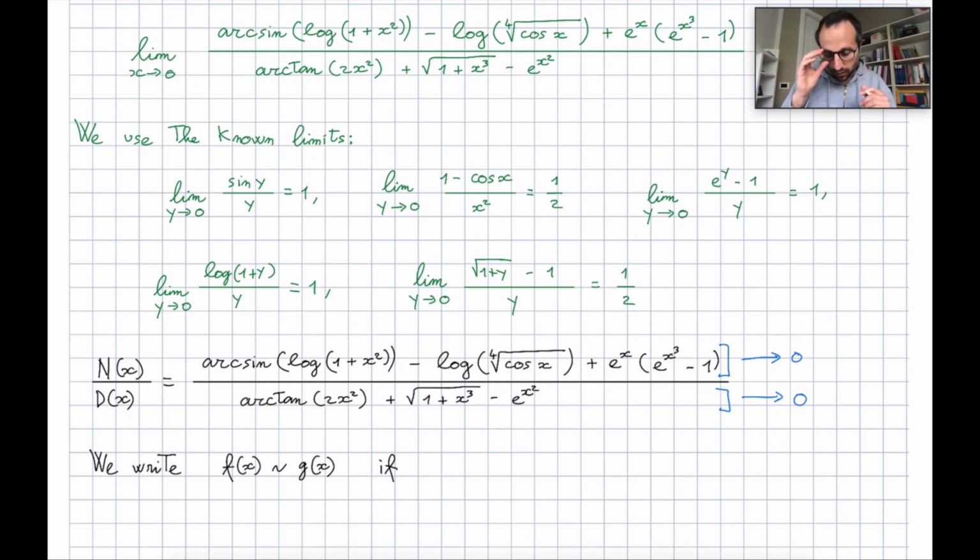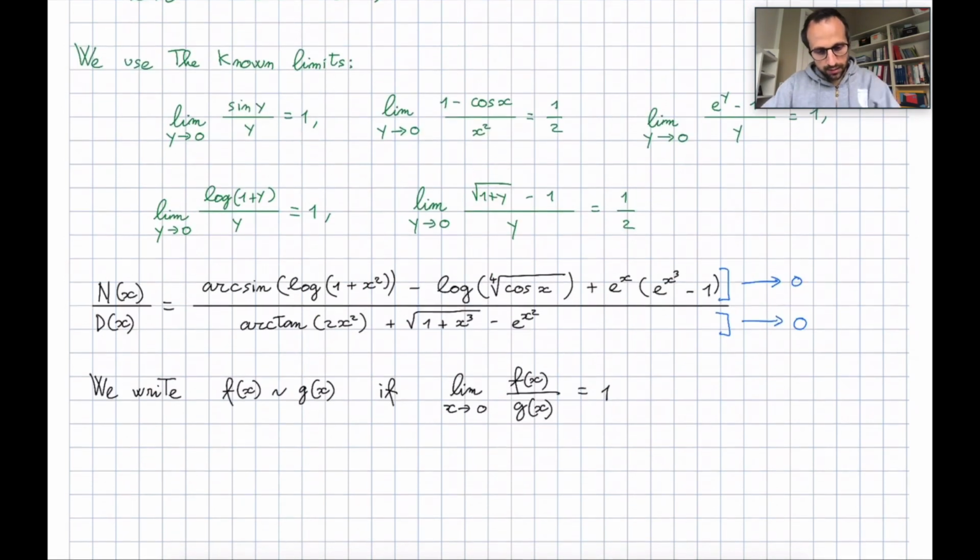This is not precise, but we always consider 0. If the limit as x goes to 0 of f of x over g of x is equal to 1. Okay, so now let's start.